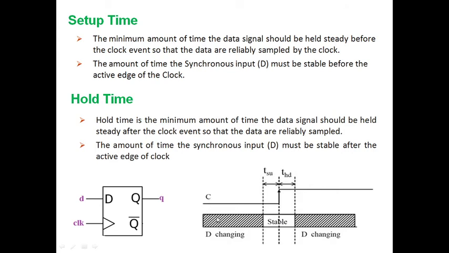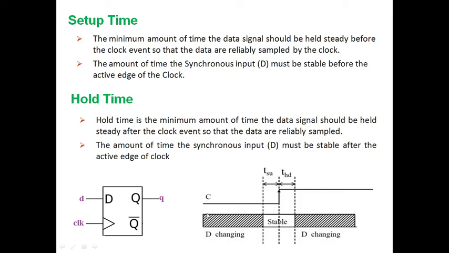This is my clock signal, this is my data signal. The clock event happens somewhere here, from logic 0 to logic 1. Before this, your data signal should be held steady for a certain amount of time, so that the data is sampled by the clock. Okay.